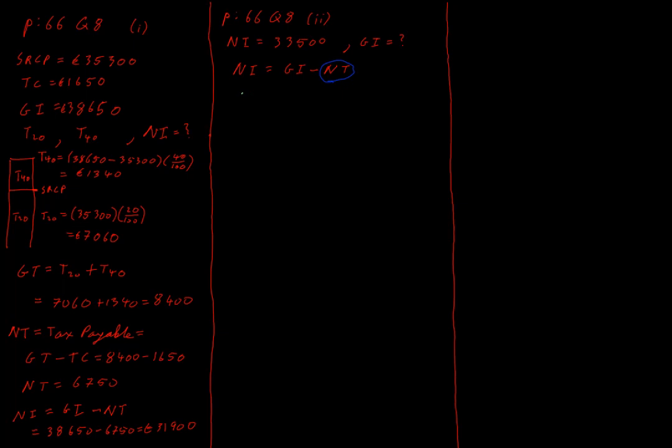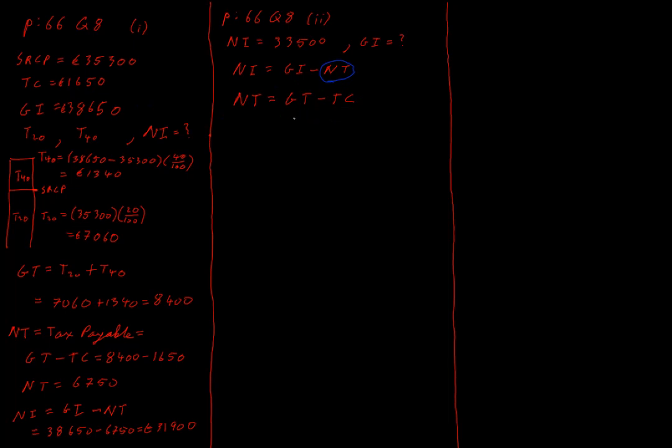Well, we have a formula for the net tax. We know that the net tax is equal to our gross tax minus our tax credit. Well, this is good. We now have net tax, and we know what our tax credit is. It's still our 1,650, but we have a problem.